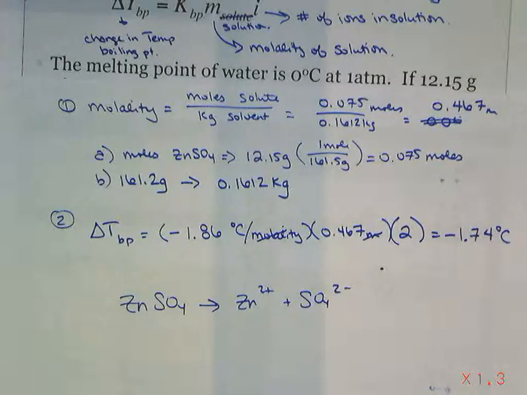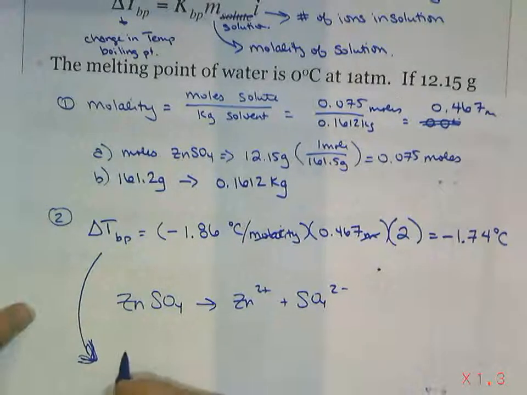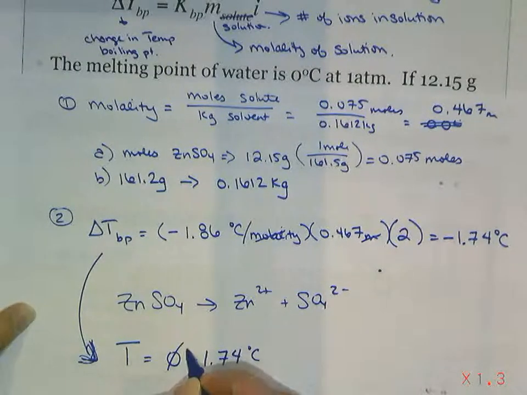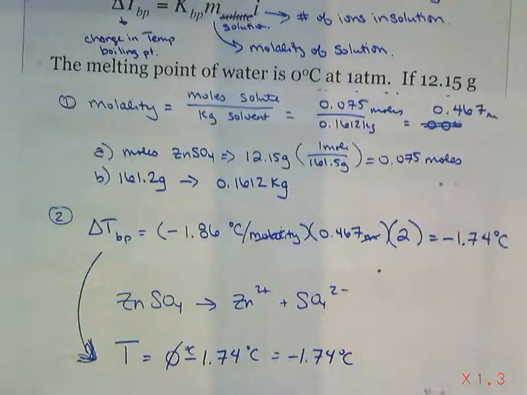And if this is a change, it's telling me I have to do what to figure out my new melting point or boiling point. It happens to be I picked a temperature where the answer is the same, only because water is 0. But that is what you do next.